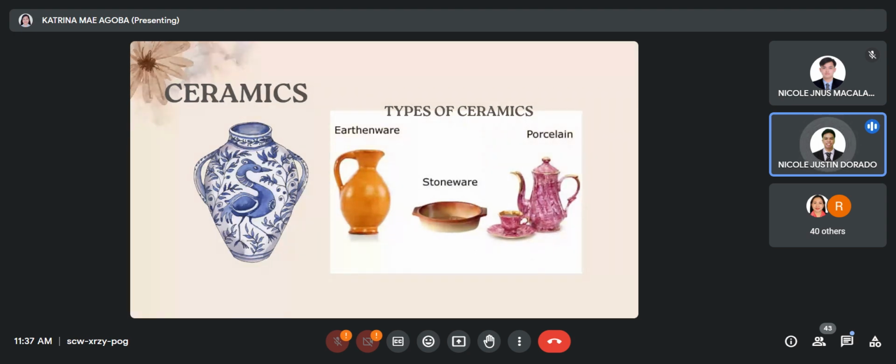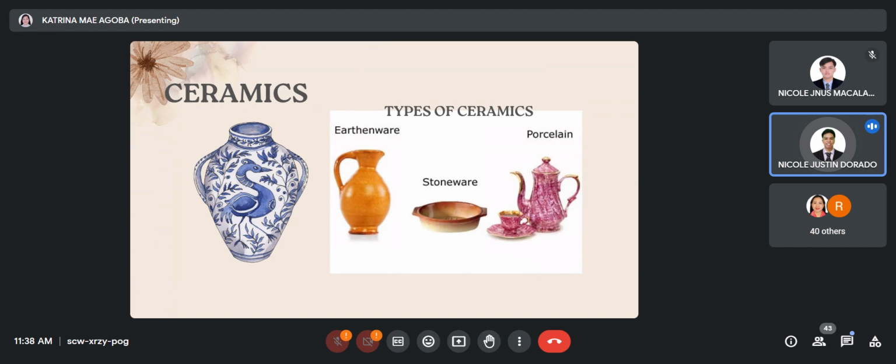So, ang stoneware naman ay pinainitan siya ng higher temperature na 1,200 degrees. Ang porcelain naman is pinainitan sa high temperature approximately 1,200 to 1,400 degrees.